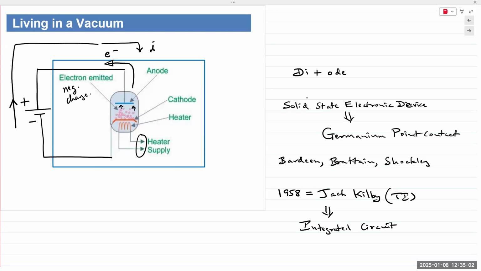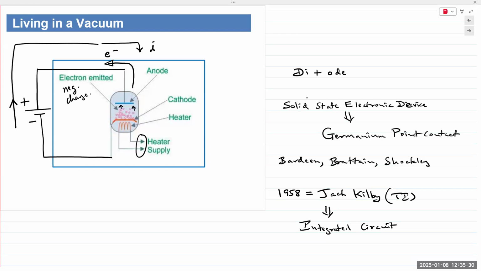You have these tiny components: resistors, capacitors, inductors, diodes, transistors, all on the same semiconductor block material. And you have wires running all across making these connections. Very easy to say, very hard to actually fabricate. You need specialized facilities and specialized equipment to actually do that.